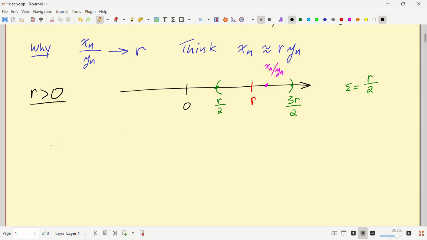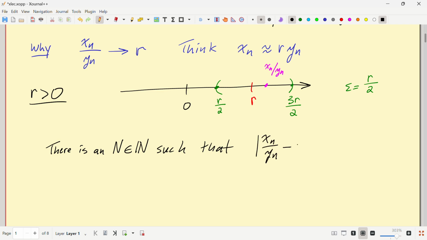So there exists a natural number such that xn over yn minus r is less than this epsilon of r over 2.